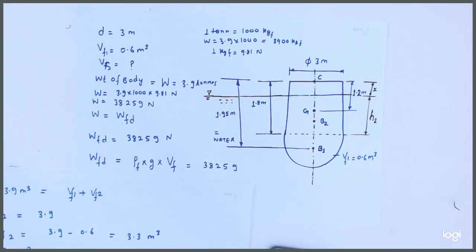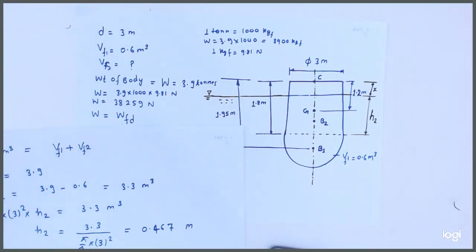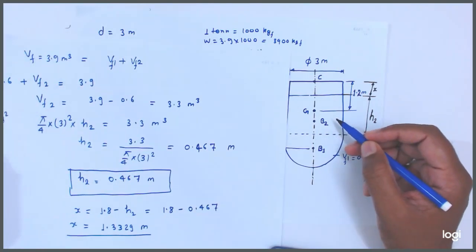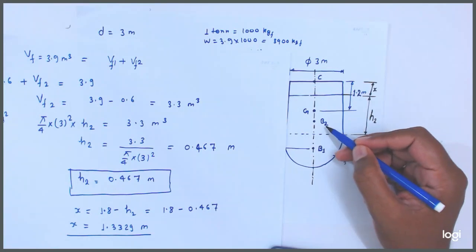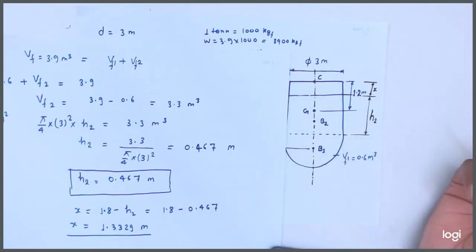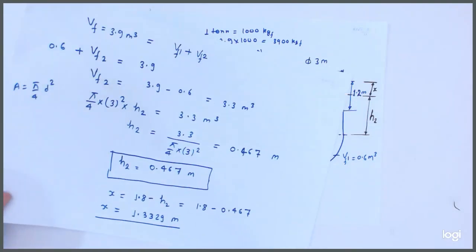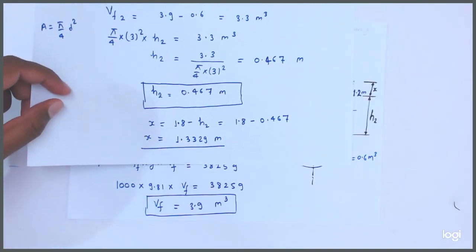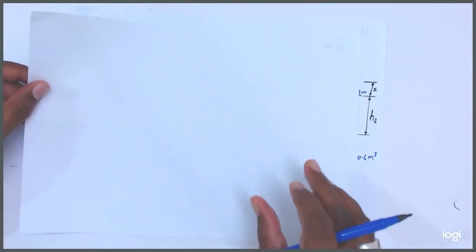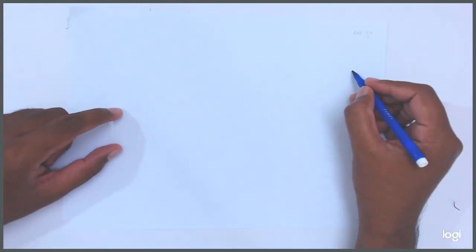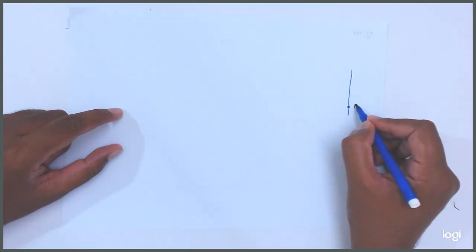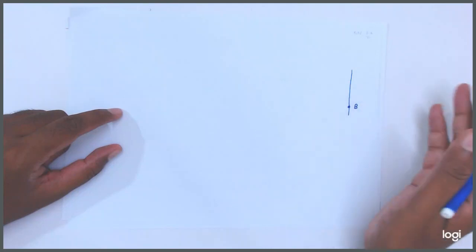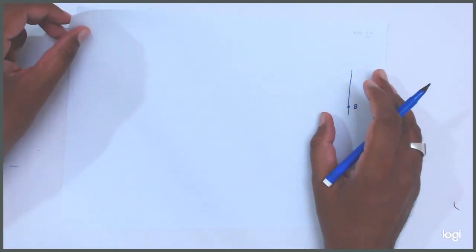Okay friends, now we have to determine, see here there are two parts, part 1, part 2. Here buoyancy force is there, here also buoyancy force is there, but we have to determine the metacentric height, correct? For metacentric height we know that this is the buoyancy of the whole body, not B1 or B2. Here there are two things now.